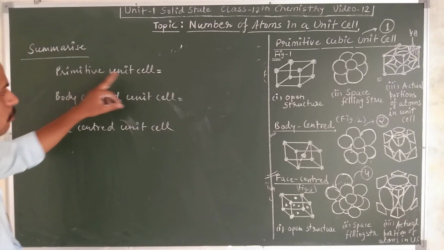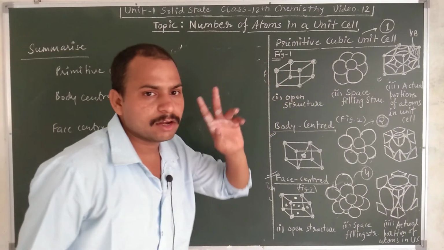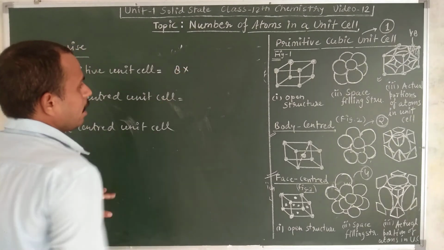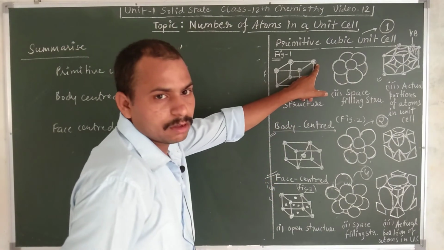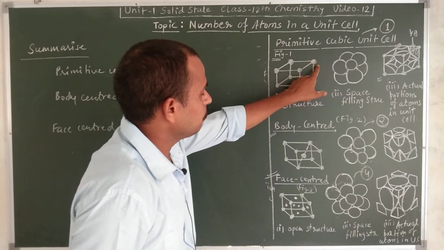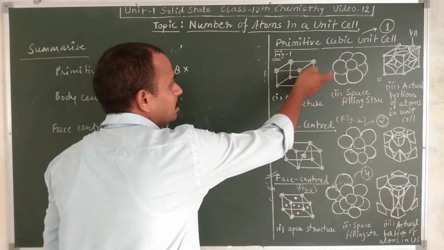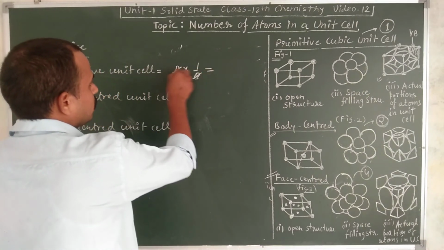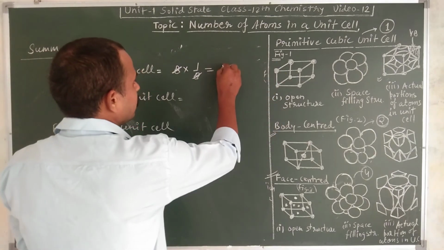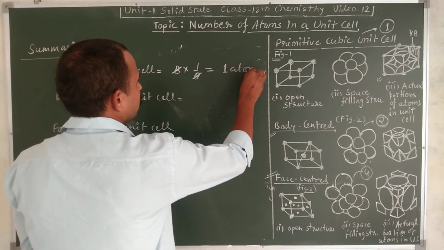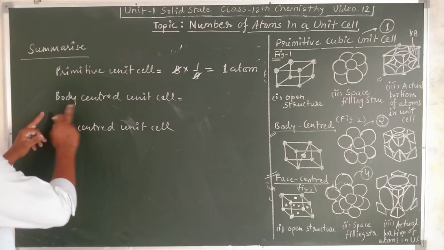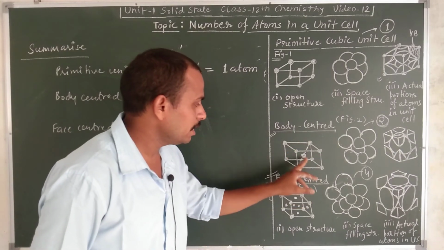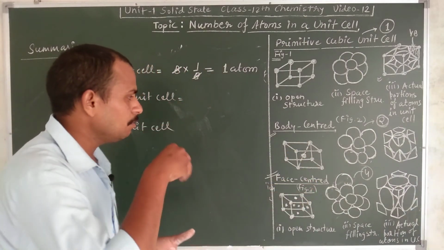Primitive unit cell constituent particles present at corners. So corners, how many corners? 8 corners. And portion of the one atom present inside the body, that is 1 upon 8. So total atoms present in the primitive unit cell, that is 1 atom. Body centered unit cell constituent particles present at corners as well as one particle inside the body.